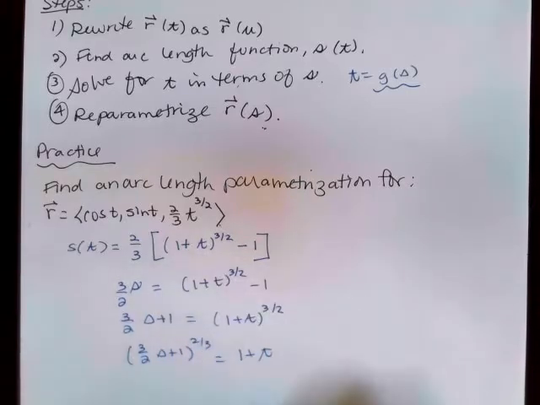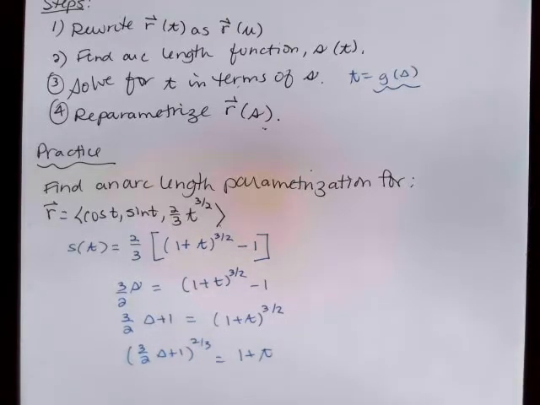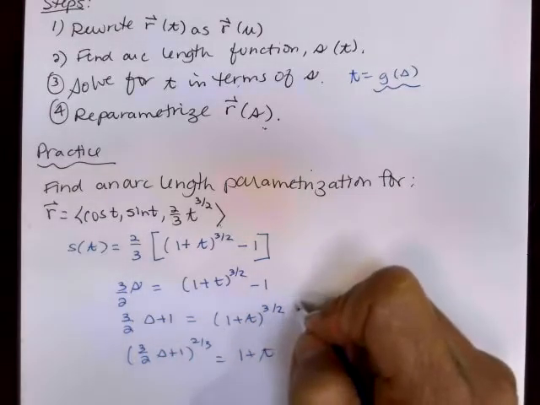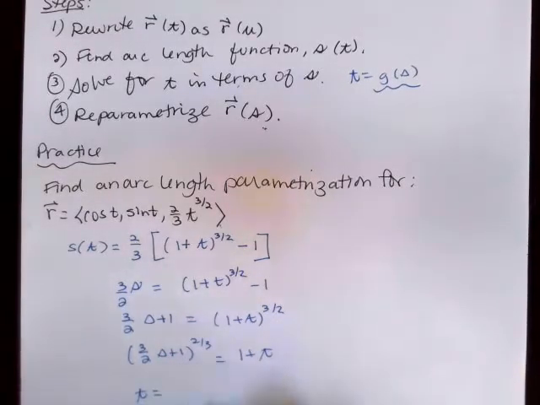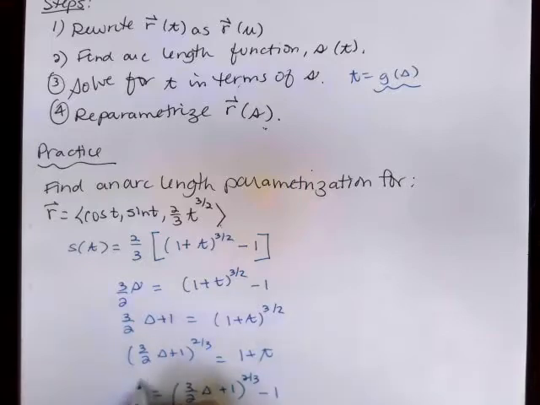I know my t's keep morphing their form. And then finally, subtract 1. So the t that I have is equal to 3/2 s plus 1, to the 2/3, minus 1.